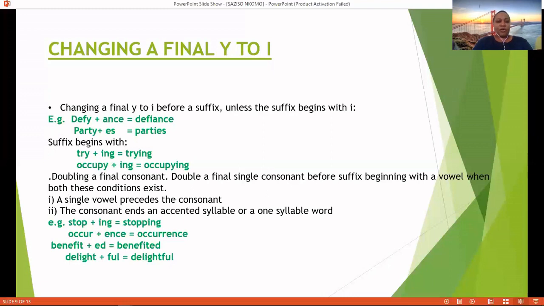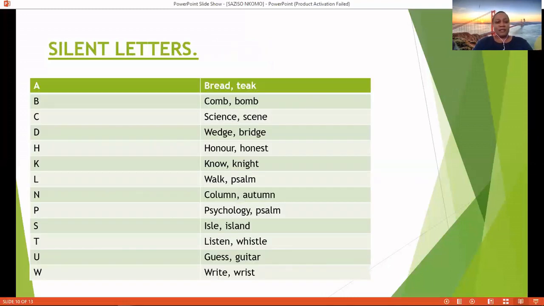Then we will move on to the next rule, silent letters. Silent letter A in words like bread. Silent letter B in comb, bomb. Silent letter C in science. Silent letter D in wedge, bridge. Silent letter H in honor and honest. Silent letter K in know, night.